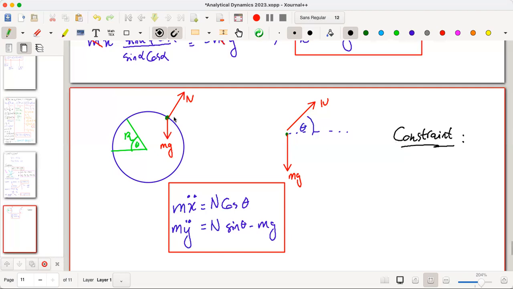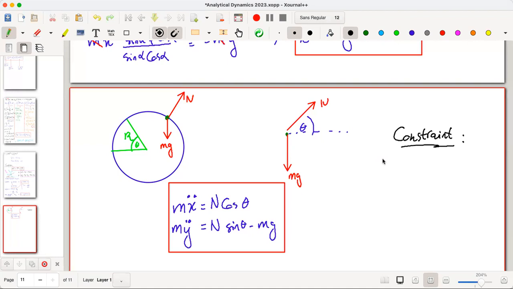Now you see here the constraint is such that the particle can only move along a circle. So once again there is a dependence of x on y, or the other way around, of y on x. So x and y are no longer independent, they are related.